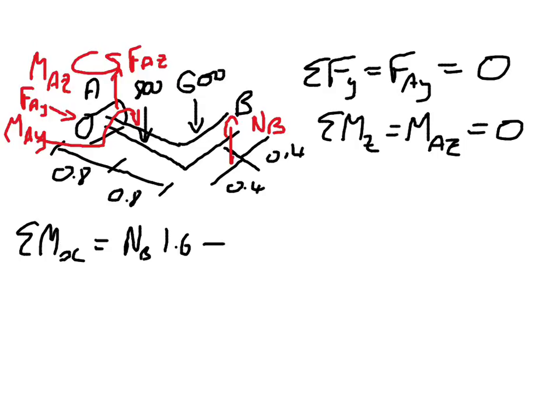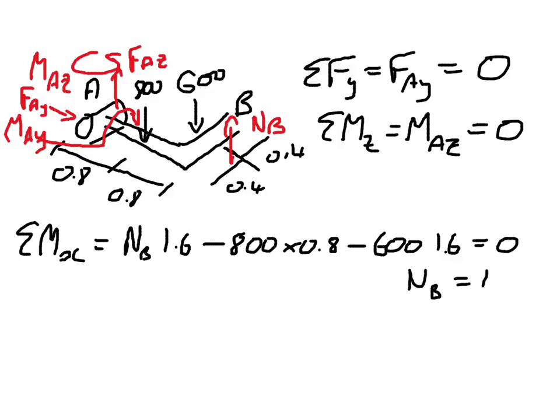We've also got the 800 newtons acting 0.8 metres from the X-axis, trying to turn it clockwise, so it's negative. And similarly the 600 newtons turns it the same direction, again acting 1.6 metres away. They all equal 0, so we can solve NB to be 1000 newtons.